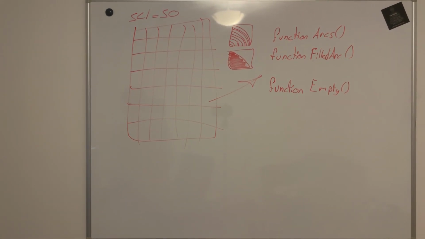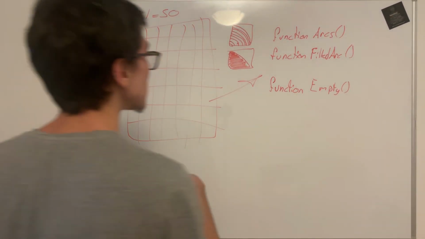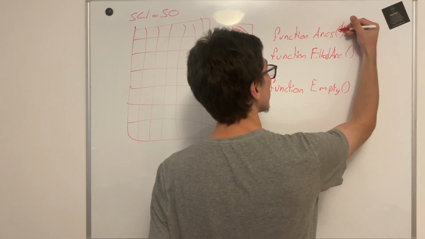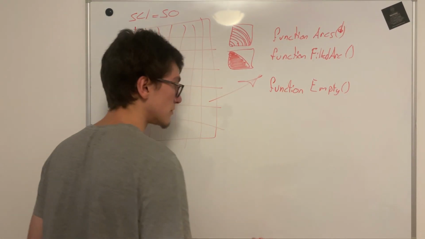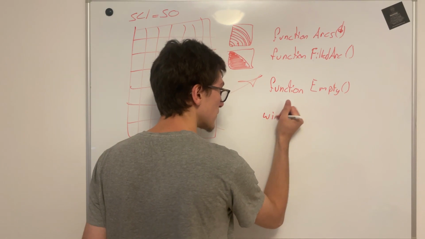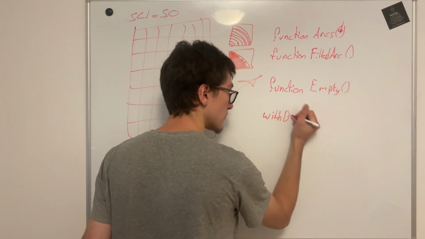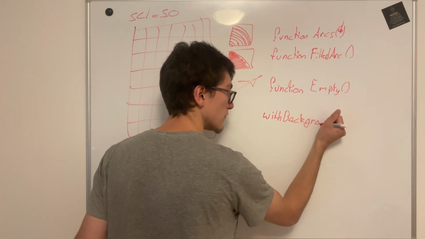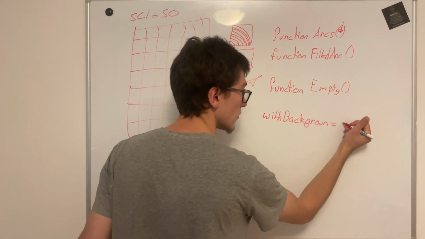That's pretty much it. The only other difference I'm seeing is we can maybe pass a boolean in all of those functions, which would be, let's say, with background, right?